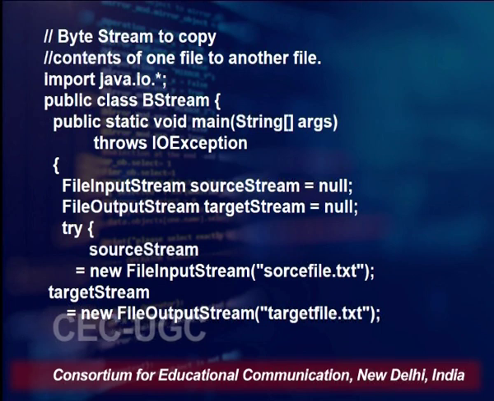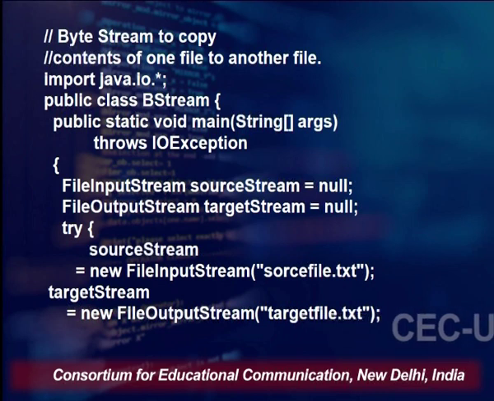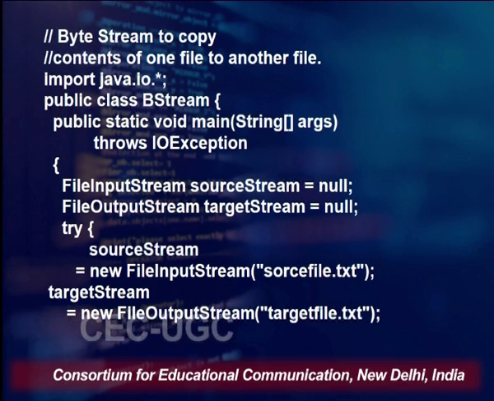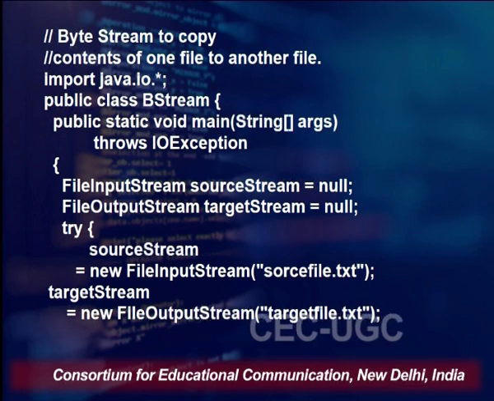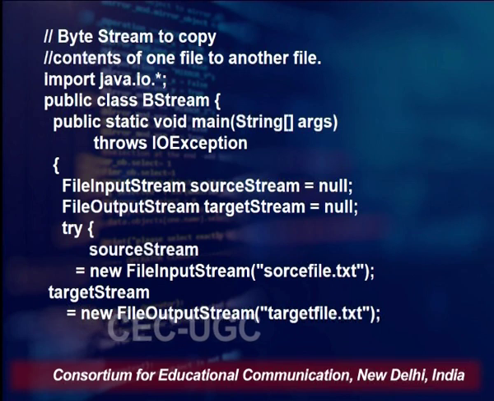As far as this program is concerned, we have not stored any pointer or value in this sourceStream as of now, so we are writing it as null. Similarly, for FileOutputStream, we have created an object named targetStream, and as we have not stored any contents or pointer into this, we have written it as null.